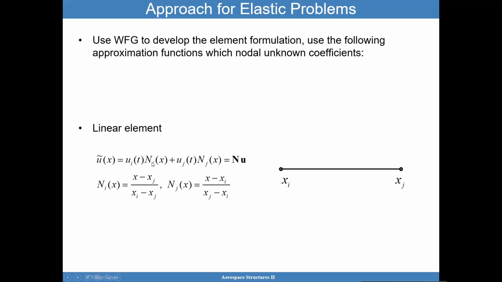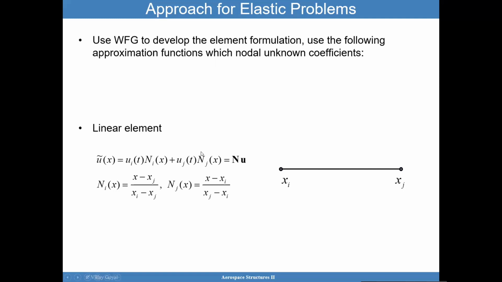This function here is an approximation function that tells me how U varies across this bar. I also have this deflection Uj, which corresponds to the deflection at this node. And this is only a function of time.